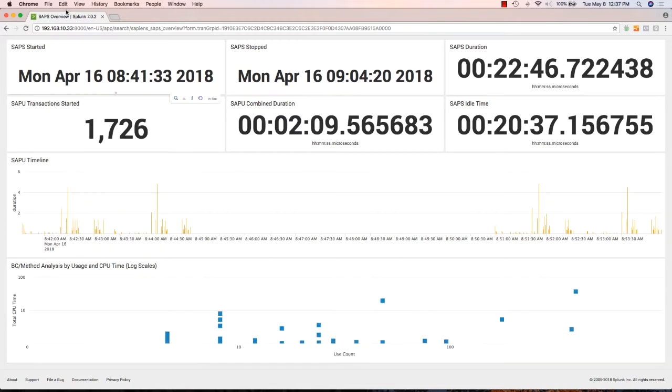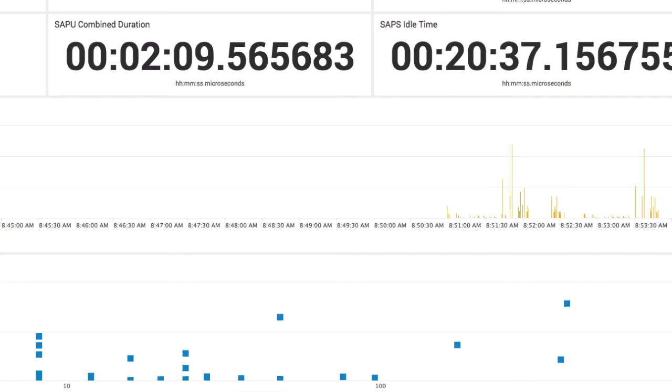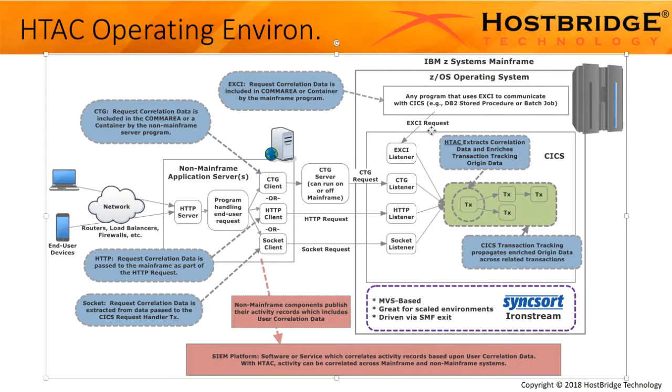HTAC was the active element in this diagram right here that saw that request come in, intelligently extracted from it the particular bits of data that we needed to do effective correlation and request analysis, let it propagate through CICS transaction tracking, and then all of the enriched data that we added found its way to an SMF 110 record and ultimately down to Splunk.